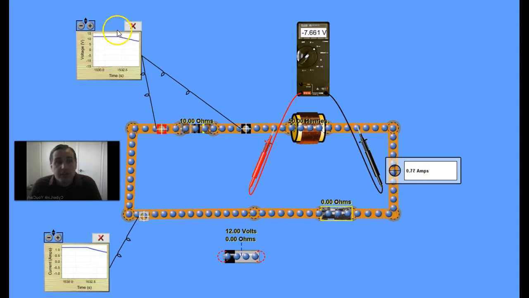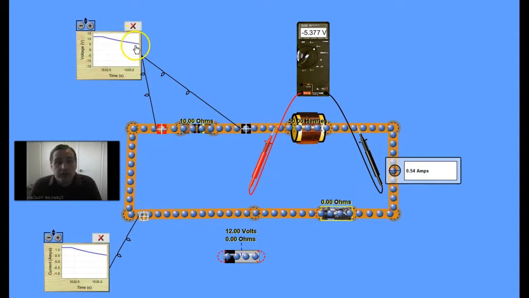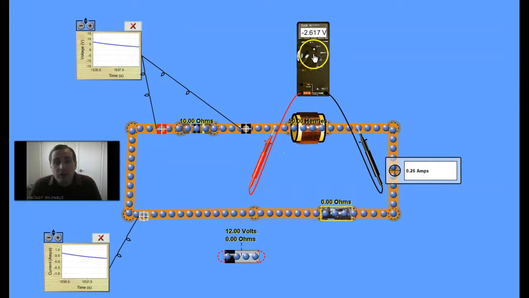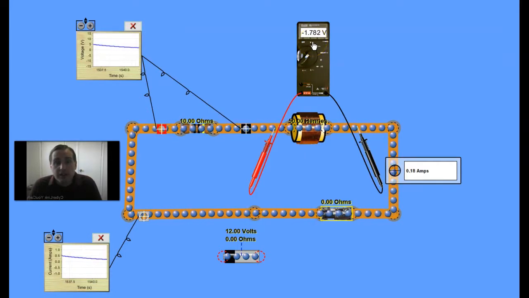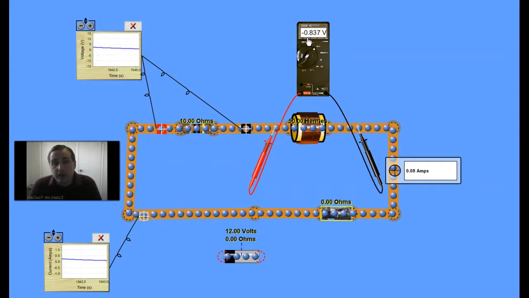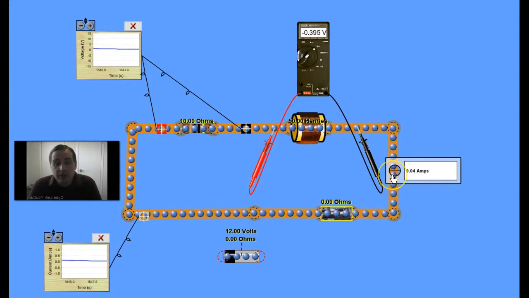So now you see that the voltage across the resistor is exponentially decaying, and then the voltage across the inductor is changing its sign, okay? But it's also decaying as a function of time. And the current in the circuit is definitely also decaying as a function of time if you discharge the inductor, okay? So that's a discharging LR circuit.